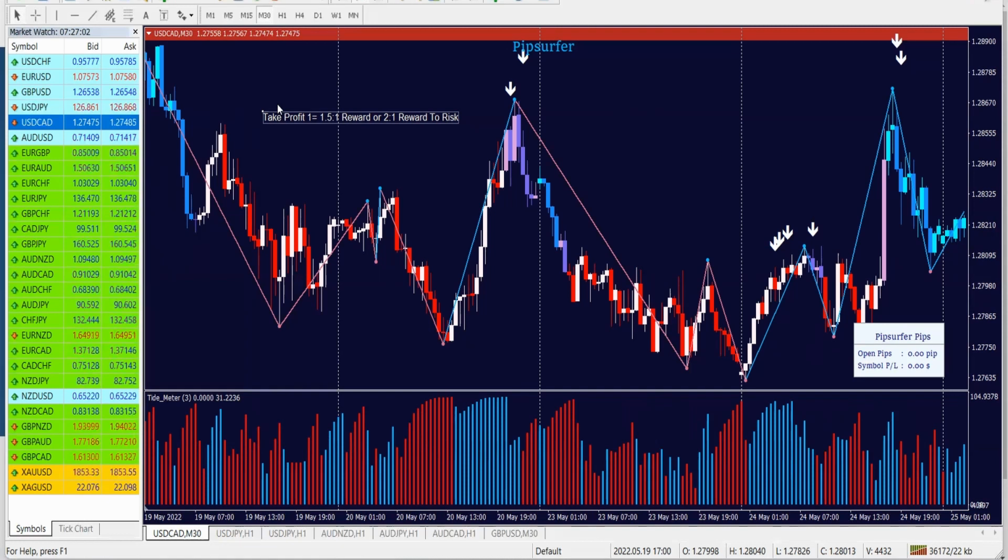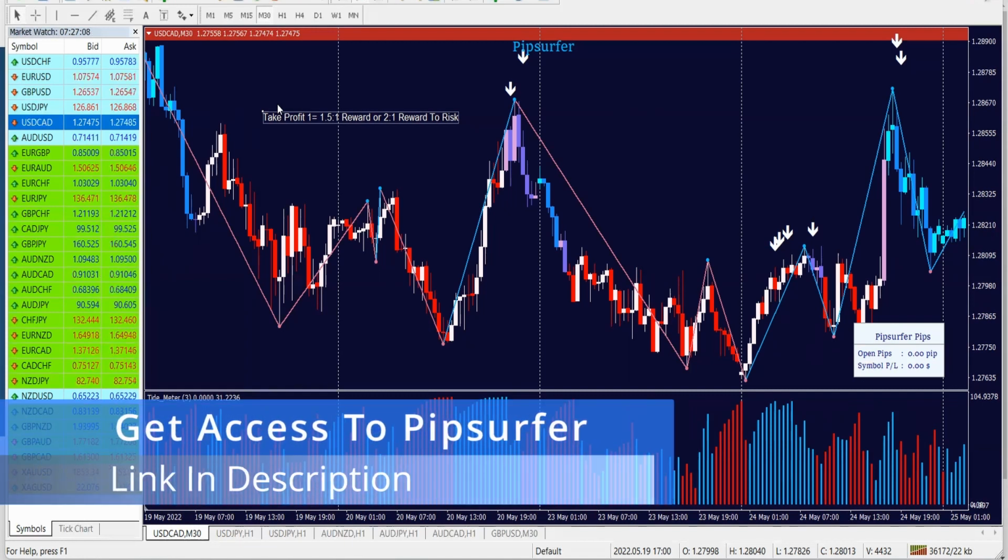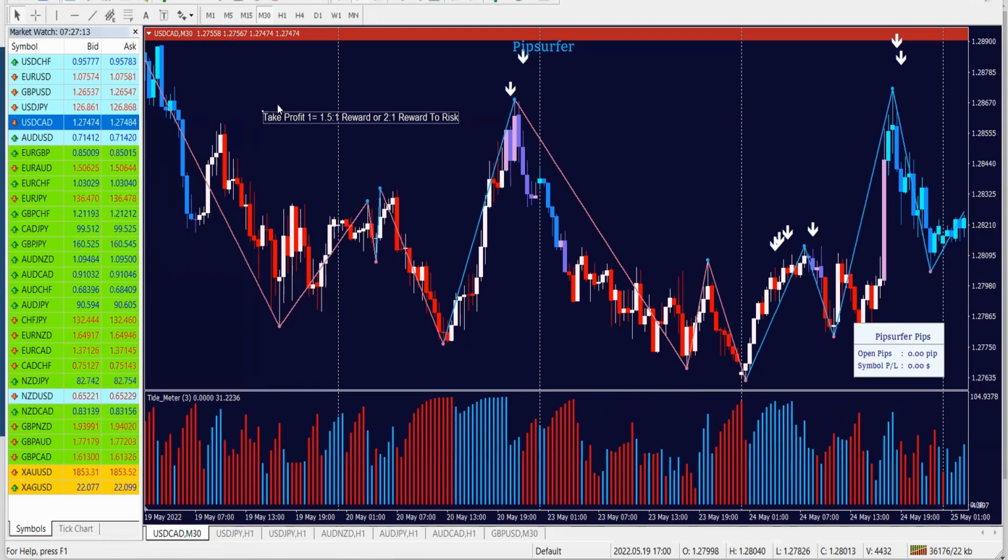So regardless if you're using a smaller volatile pair like Australian dollar, New Zealand dollar, and you're using a 25 pip stop loss, or you're trading a very volatile pair like GBP AUD and you need a 50 pip stop loss, you want to have at least a take profit that is greater than your stop loss, preferably at least 50% greater than your stop loss. And that's how you remain profitable.